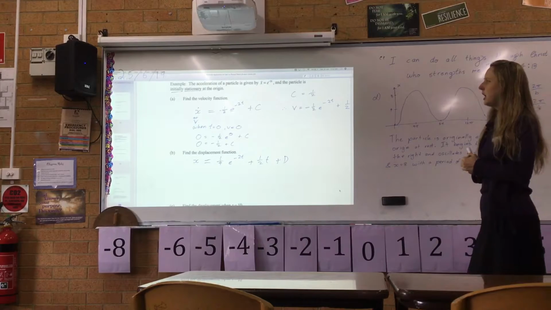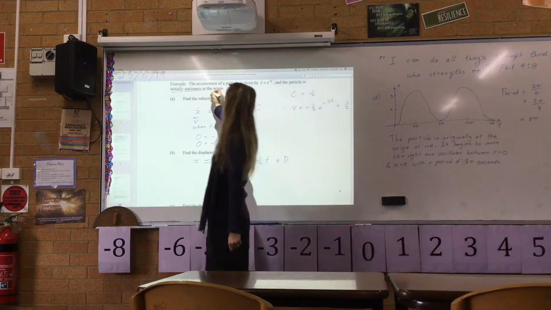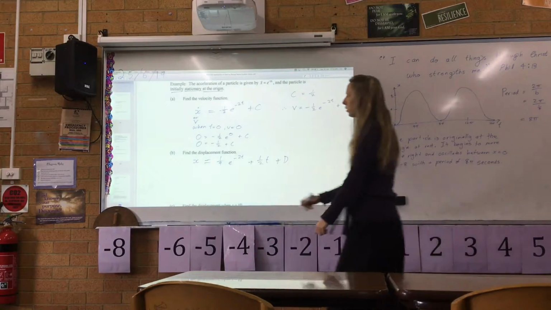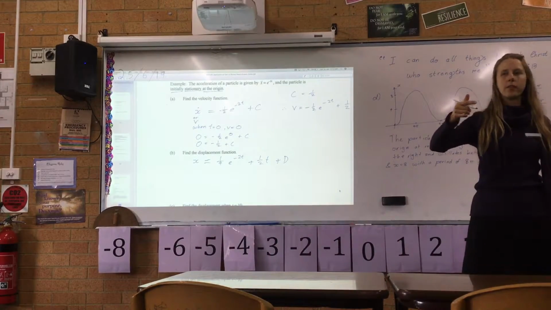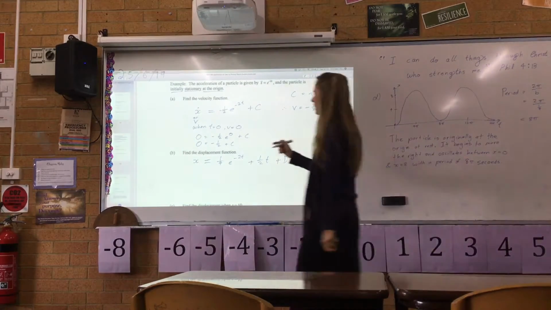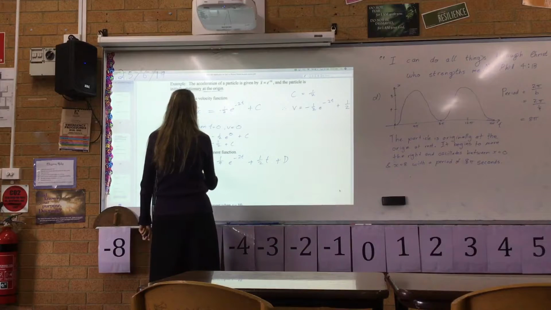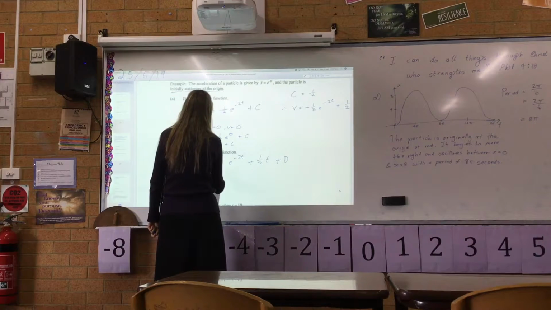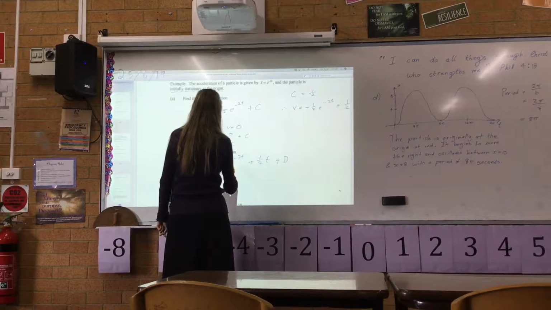Well, almost. Initially, it's stationary and initially it's at the origin. What does that tell me? That tells me that when t is 0, displacement is 0.